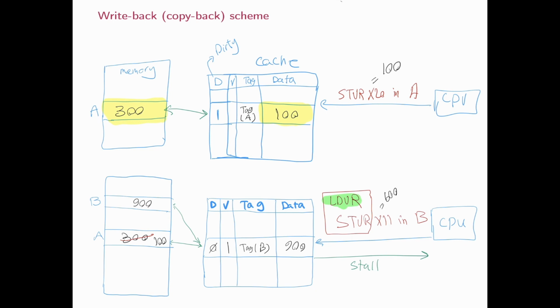Now, if it was a store, then what you would have to also do after this is, again, update the data to 600, which is the value that is being stored. I would then also set the dirty bit to a 1 again. Again, you set it to 1 only if you have the store, right? But when you bring something in, the dirty bit is going to be initially set to 0.